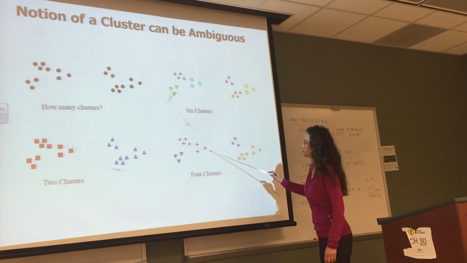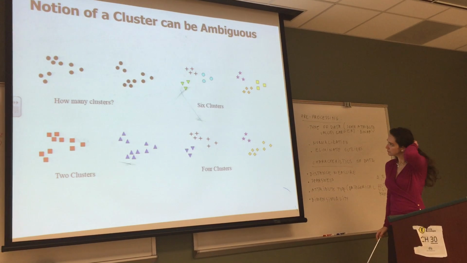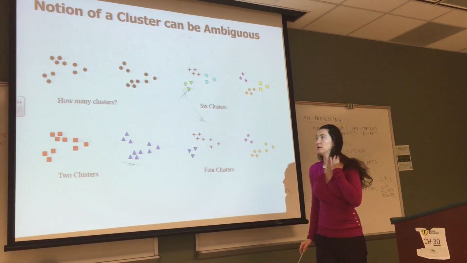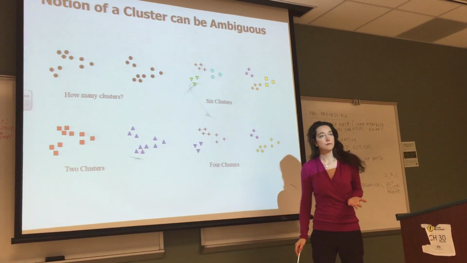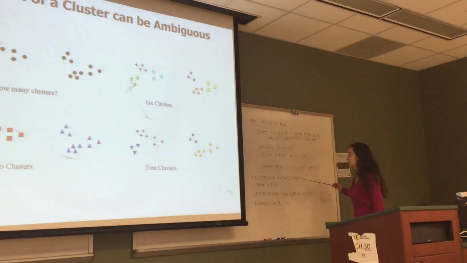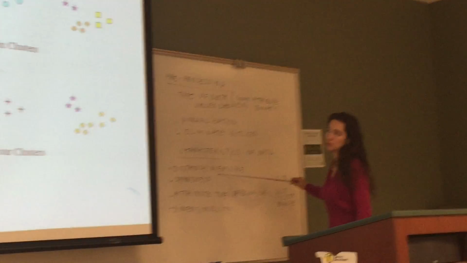Say these objects are together and these objects are together. That would depend on the algorithm that we choose, on the number of attributes that we have, and the types of attributes we have, and the distance measure that we choose.